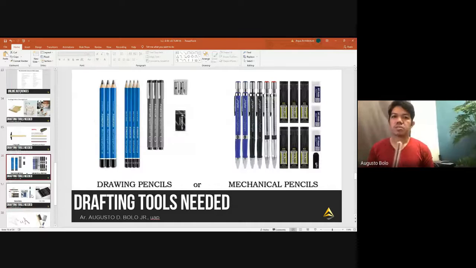Next. Of course, you are all artists. Alam ko na artist kayo. So definitely, you know how to manipulate drawing pencils. From the finest line up to the thickest 8B sa shading.